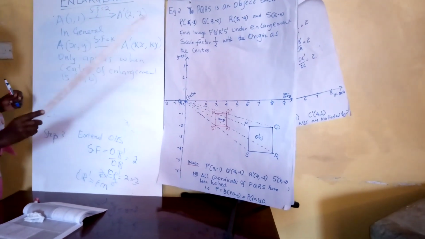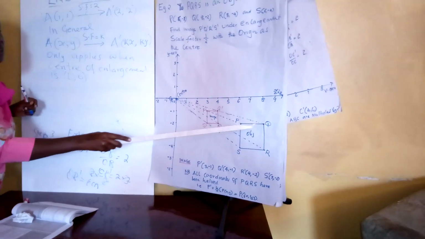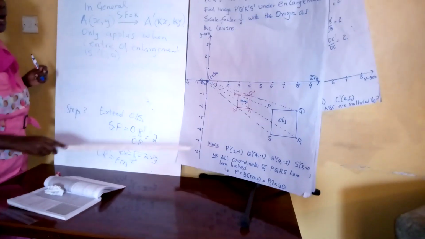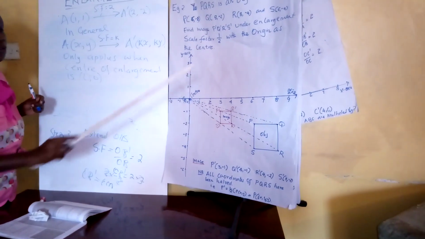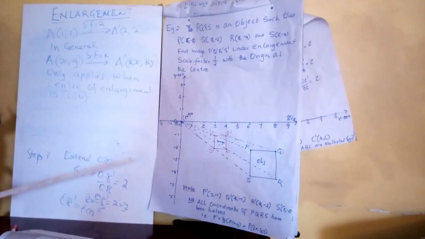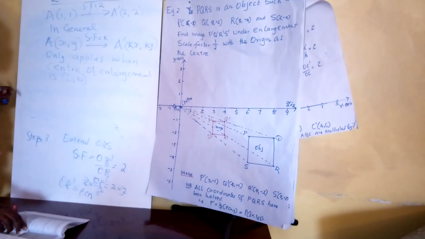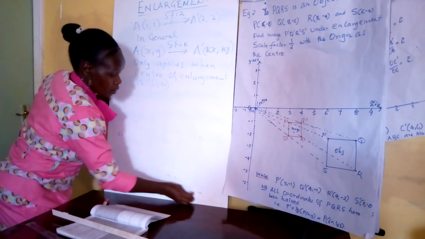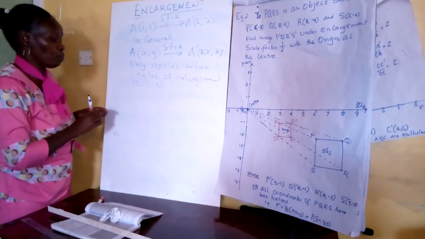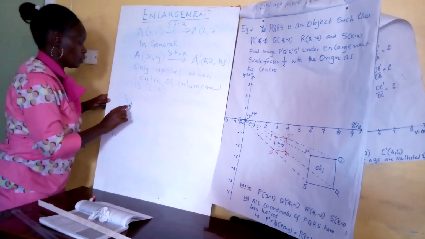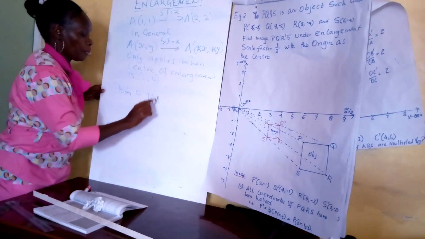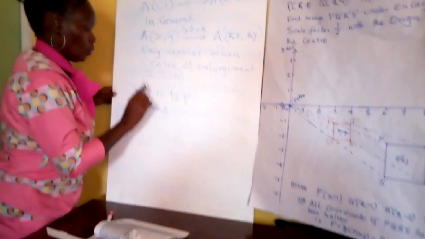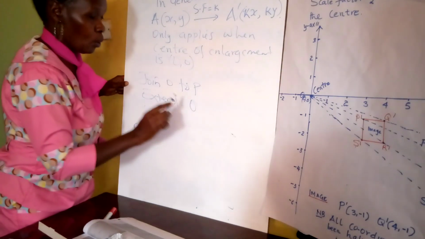So the very first thing, as I earlier said, step 1 is that you plot the points for P, Q, R, and S, and then join to form the object. After that, the process still continues. What I had earlier said, join O to P, extend the line OP.